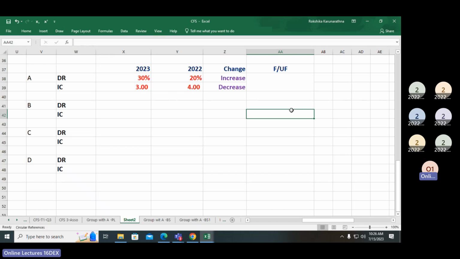Now debt ratio increase. That means the business have obtained more loans. When business obtain more loans, you have to pay more interest. So the business risk increases. The financial risk increases when you find the debt ratio increases.